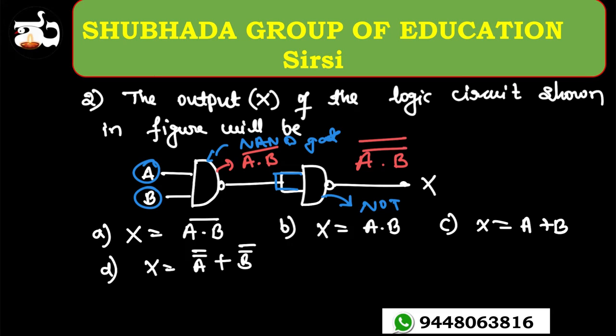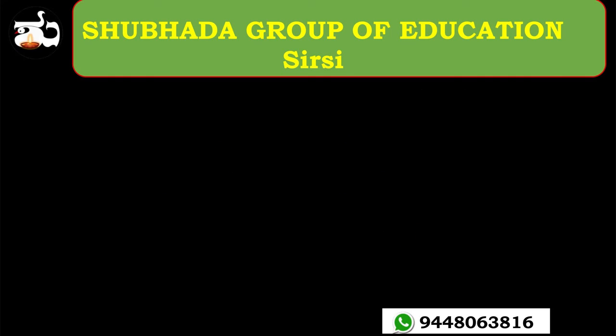Clear? Which option is correct? x equal to A and B should be the right answer. Now what actually happens, the two complements of A and B will give you A and B only. So again it is an AND operation here. So that's the reason for this question's answer.